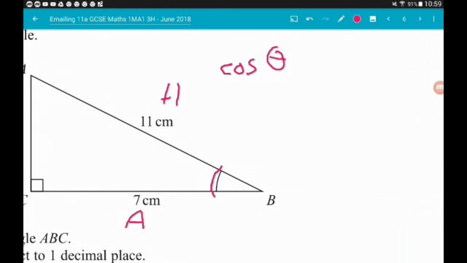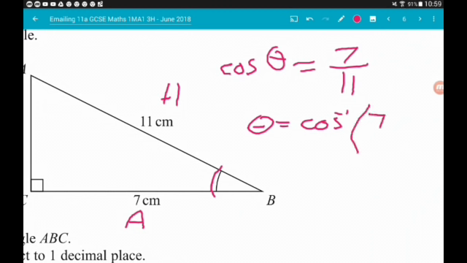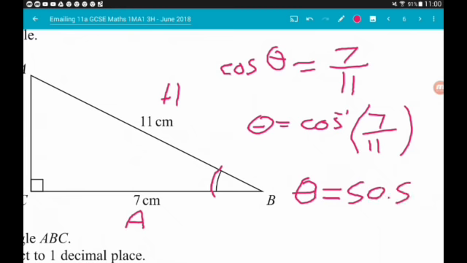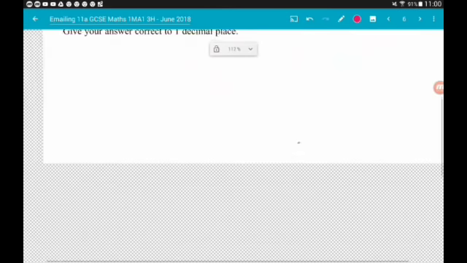So let's say cos of theta is 7 over 11, adjacent over hypotenuse. So theta is the inverse cos of 7 over 11, which to one decimal place, as they want it, gives us theta is 50.5 degrees. Cool. I'll put my SOHCAHTOA stuff down below.